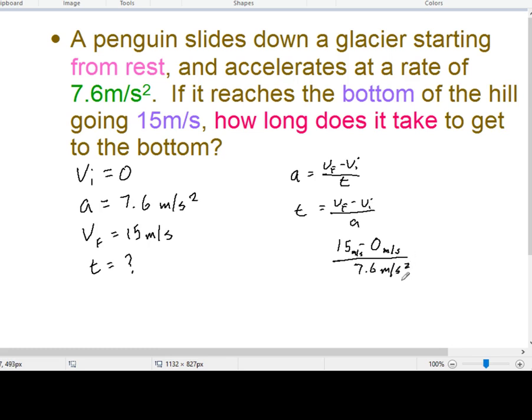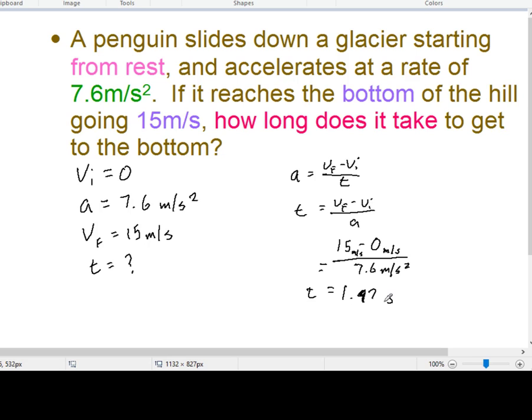Okay, so now if I take meters per second on the top and divide by meters per second squared, I'm just going to be left with inverted seconds on the bottom, which is the same thing as just plain old seconds. So I end up with t equals 1.97 seconds.